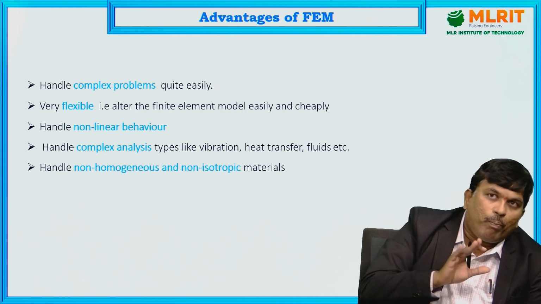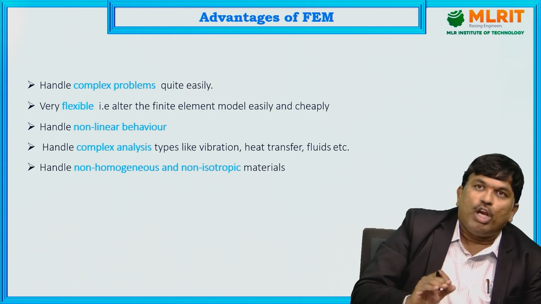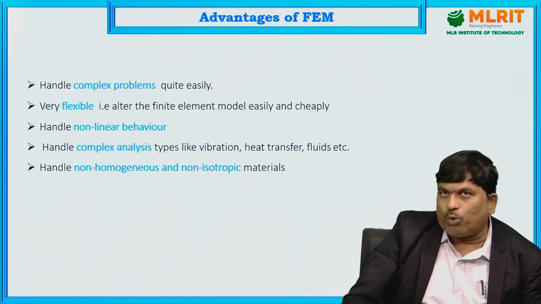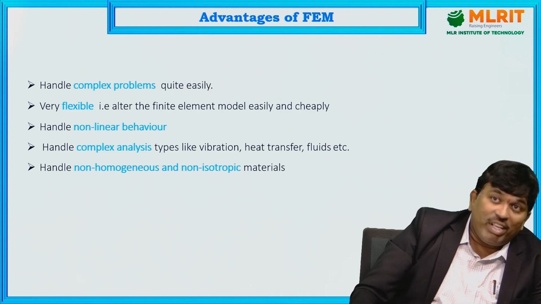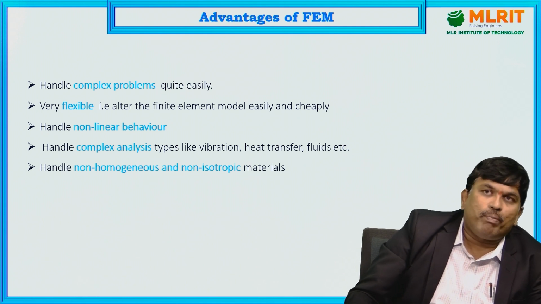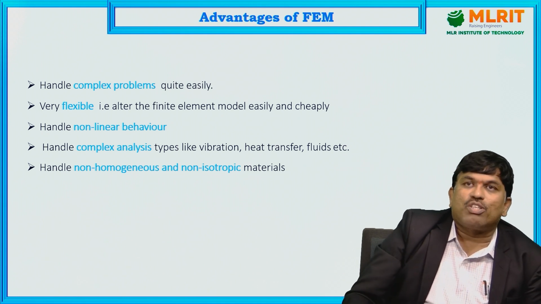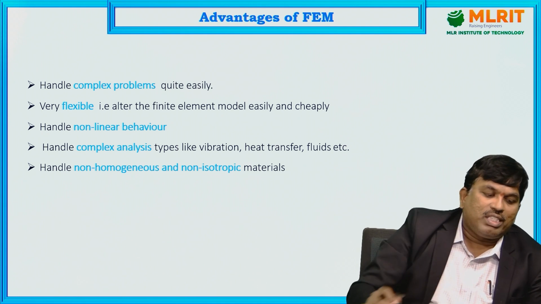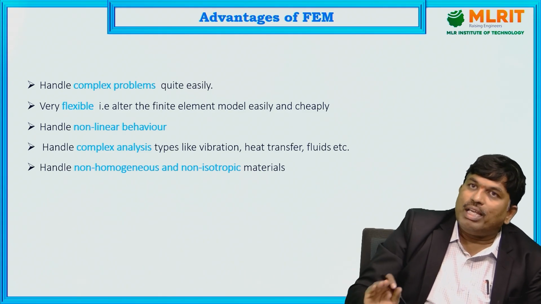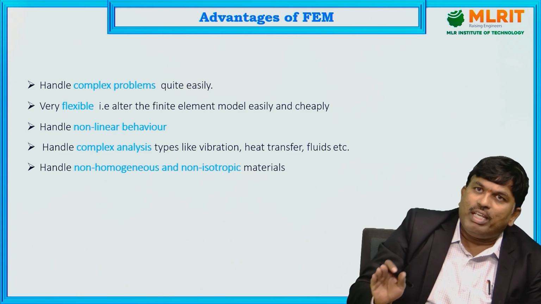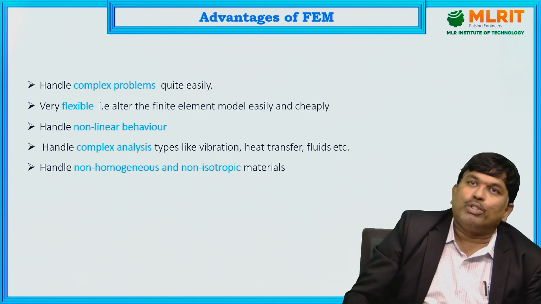And one more complex analysis is non-homogeneous and non-isotropic materials. The analysis of non-homogeneous, non-isotropic materials is very difficult, but using the finite element method, we can very easily solve it. That means it is very easy to analyze composite components.